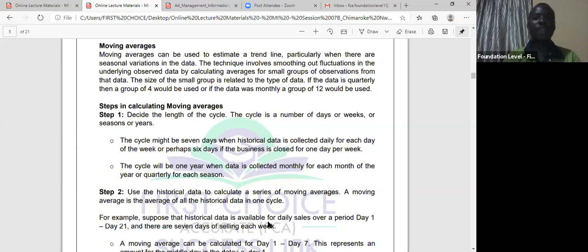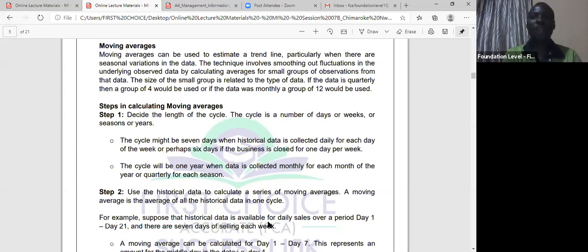So that one cycle is called a season. Now, after you do that, you use the historical data, which is the historical sales figure, to calculate the series of moving averages. So what you do is that you add up all the sales data that form one cycle.